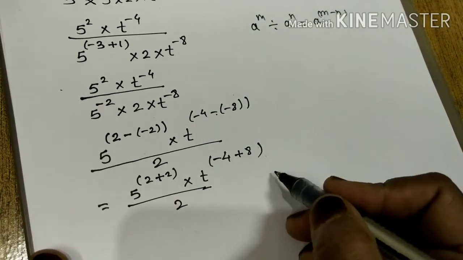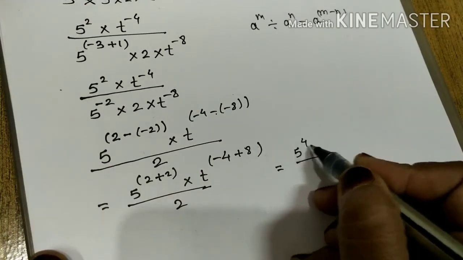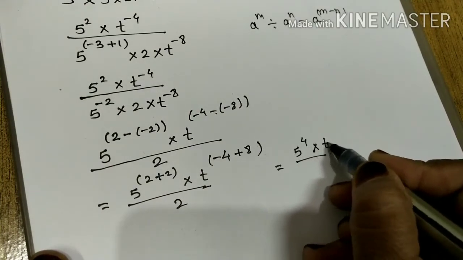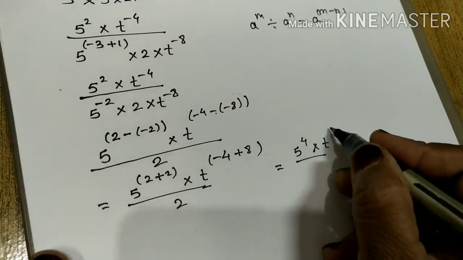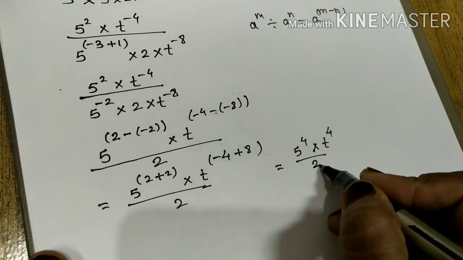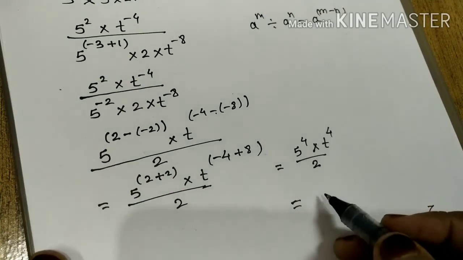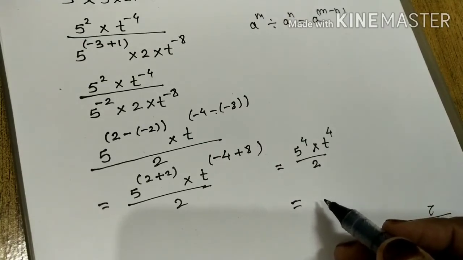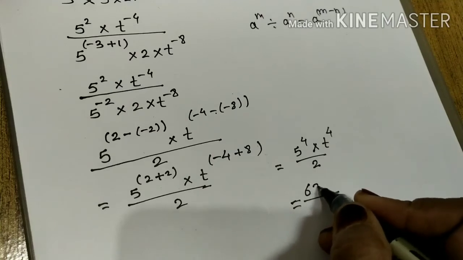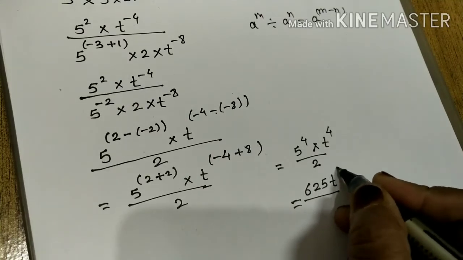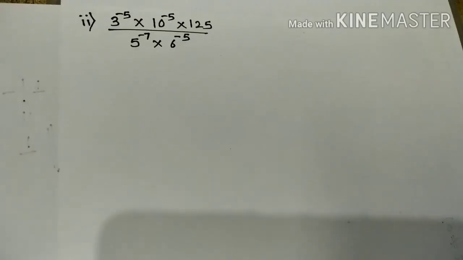So the answer is equal to 5 raised to 4 into t raised to minus 4 plus 8, it is 4, divided by 2. 5 raised to 4 means we have to multiply 5 four times. Yes, means answer is 625 t raised to 4 divided by 2. This is the answer.